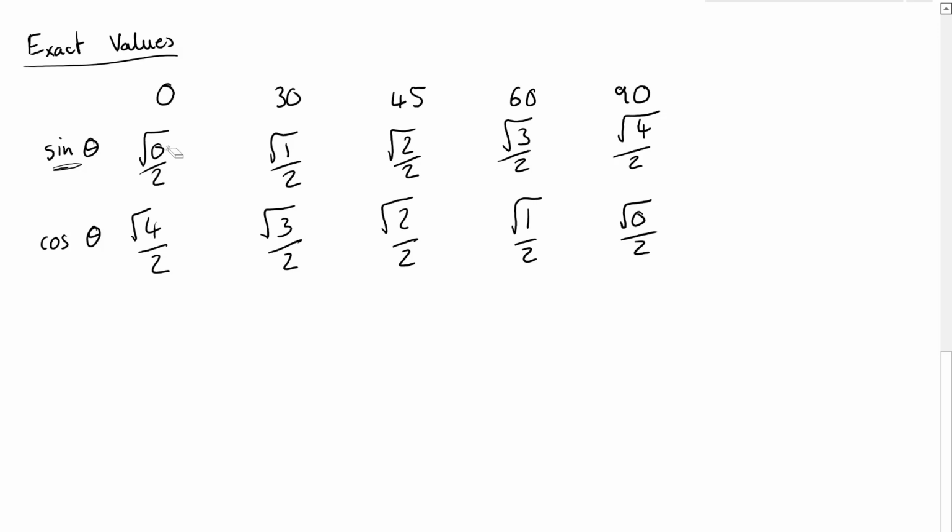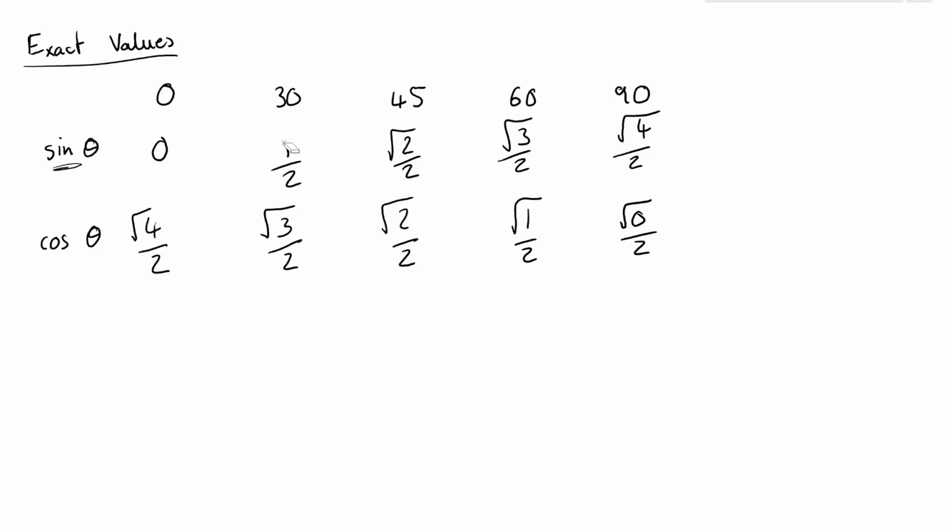So root of 0 is 0, and 0 divided by 2 is still 0. So this whole sine of 0 is just 0. Square root of 1 is just 1, so I can just leave that as a half. Root 2 over 2, I can't simplify any further than that.